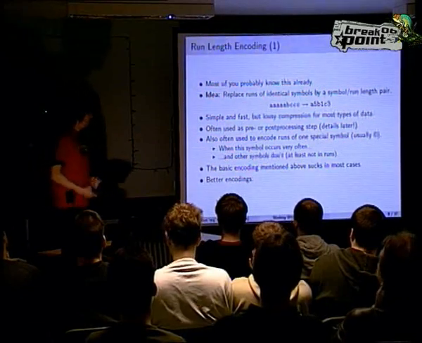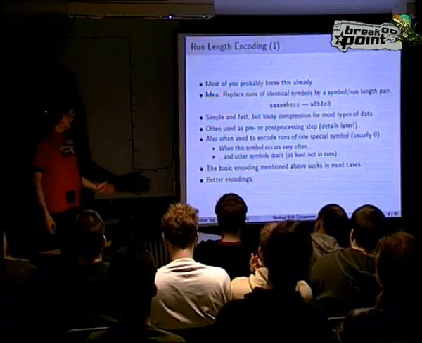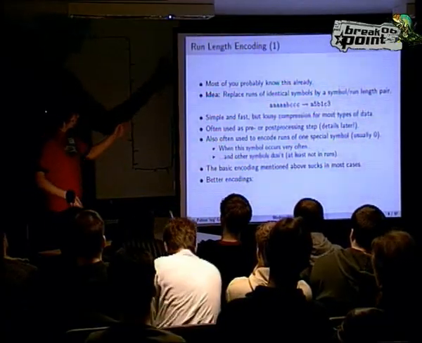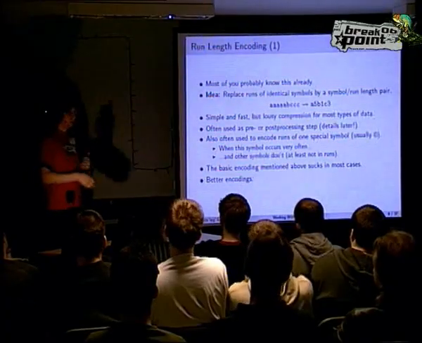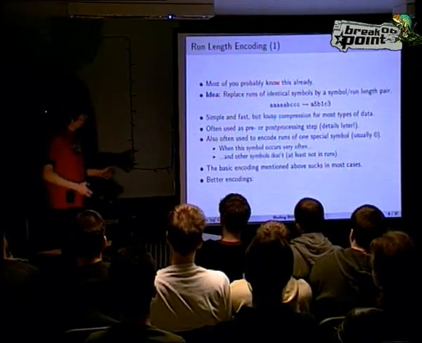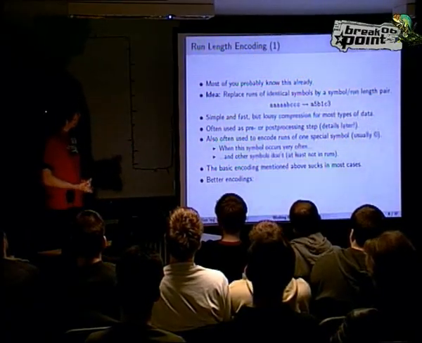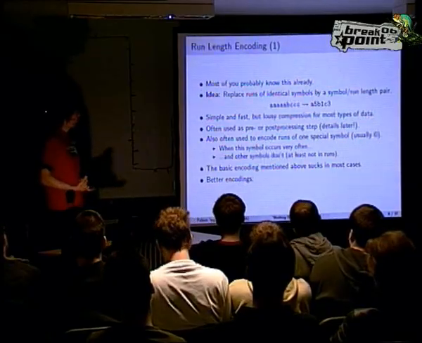It is often used as a pre- or post-processing step for other algorithms, because when you have such long runs, a lot of other methods get either very slow or have certain problems. So you can get rid of these problems by combining this method with run length encoding. So this is where it's used.